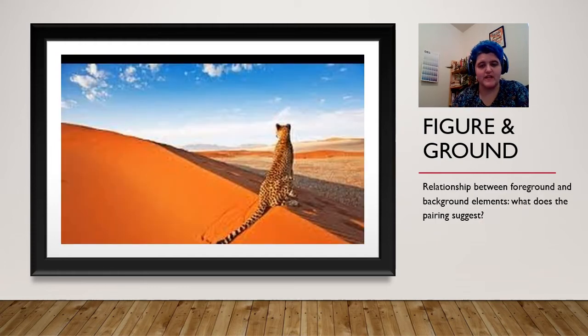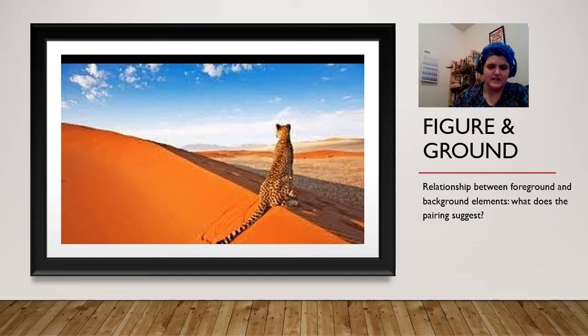Here we have a different relationship between figure and ground. The figure here is the cheetah. The ground is literally the actual ground, the sand and the earth. And here we have the cheetah covering, like literally going from the sky to off the photo.